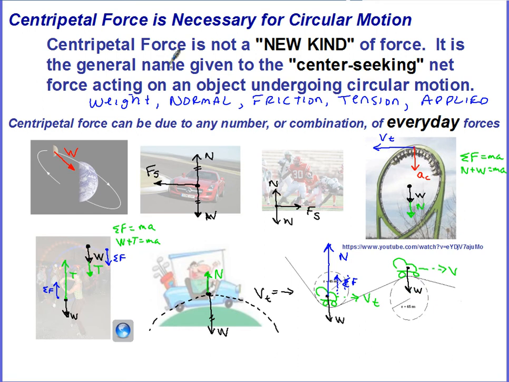As a matter of fact, we could calculate, and we will at some point, determine the speed. At what speed? At what V tangential will the car become airborne?